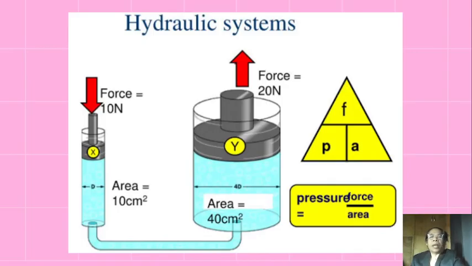So there, then you have the force there. So using the triangle, F, then you have P over A. So from there, you can get P is equal to force over area.